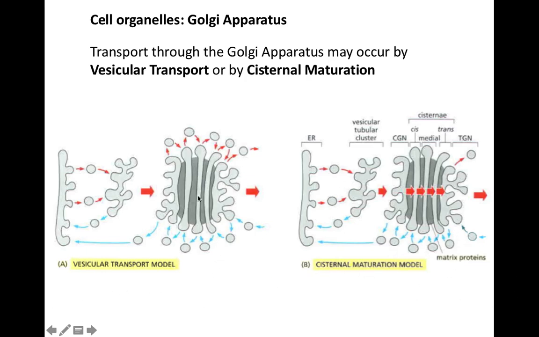So what does the vesicular transport model state? This model states that here you have got the ER. The ER produces vesicles which contain different types of proteins. These vesicles fuse together to form this tubular cluster. This cluster then becomes part of the Golgi apparatus.